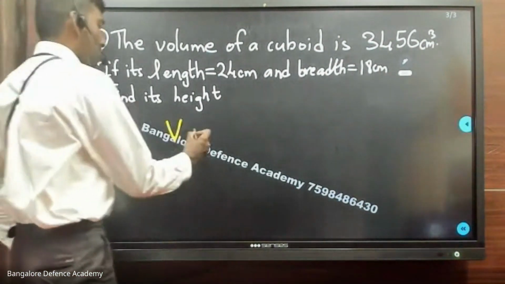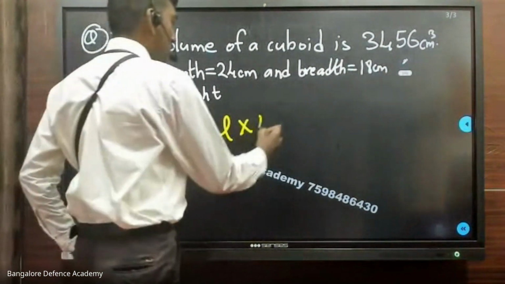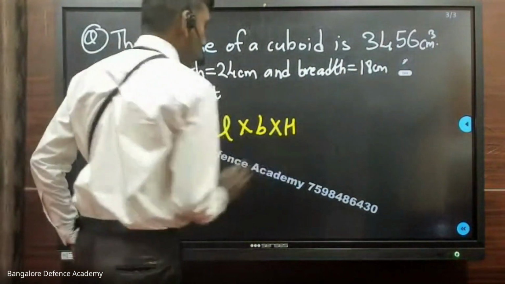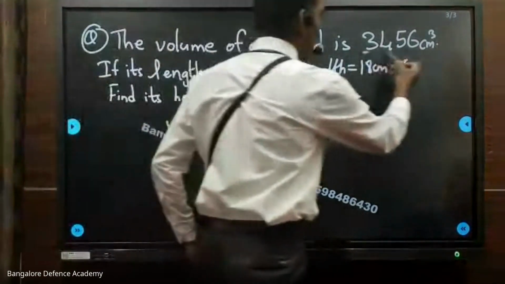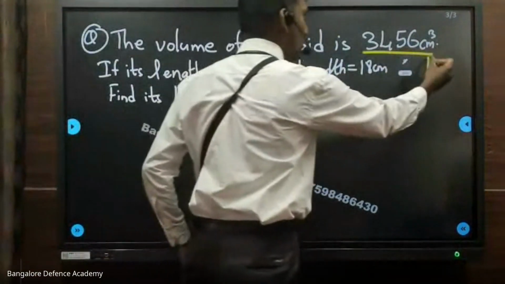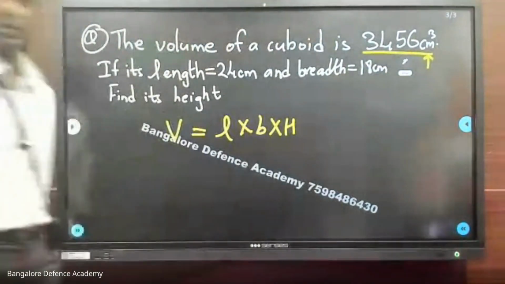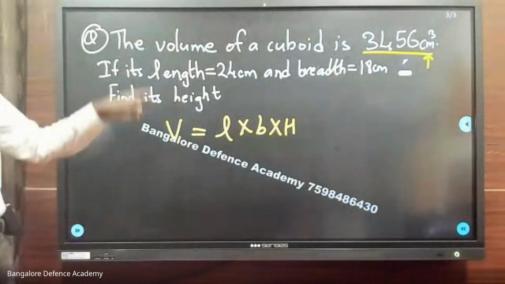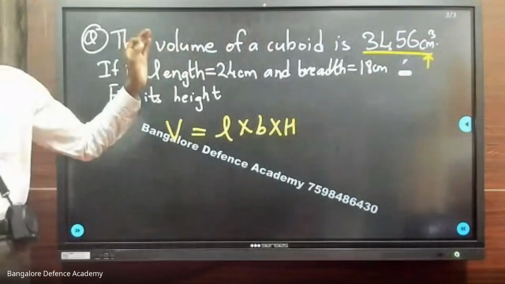I know the formula for volume of cuboid is length into breadth into height. Now be careful. Volume they have given some value. The unit is centimeter cube. So the length, breadth and the height will be in centimeter only.